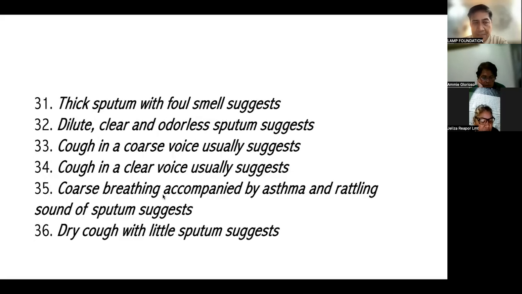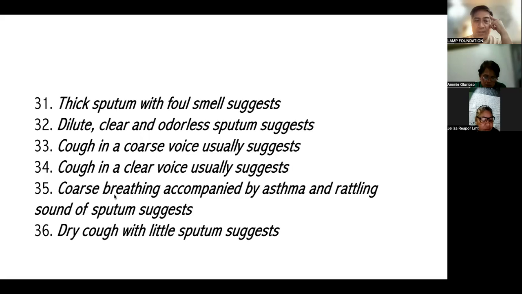Colorless, clear, odorless. Malabnaw. Yes. So yung malapot, medyo thick, no? Malapot, yeah. Malapot is mabaho yun. Okay.